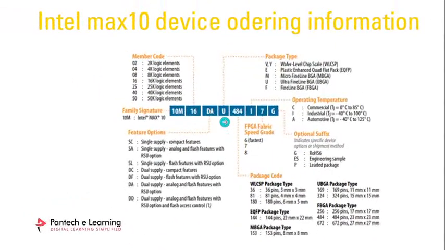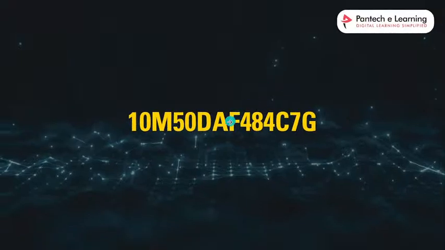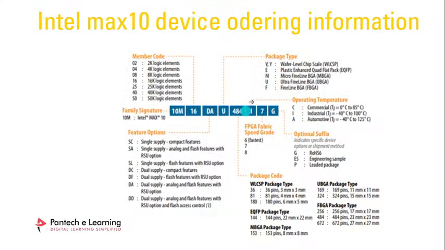And then UV stands for package type. Every FPGA has a package type. Our FPGA board has F. F means fine line BGA.